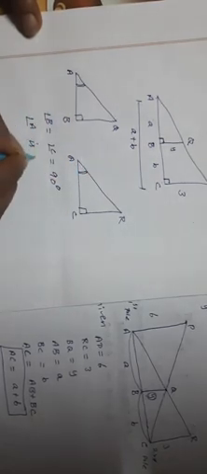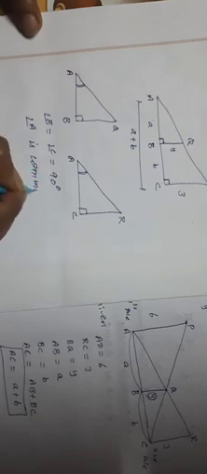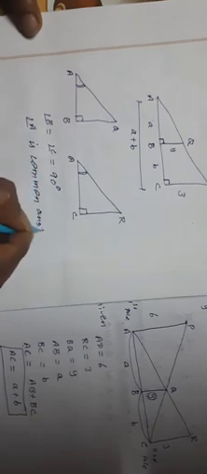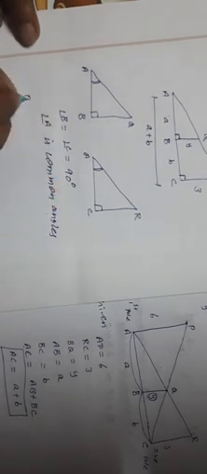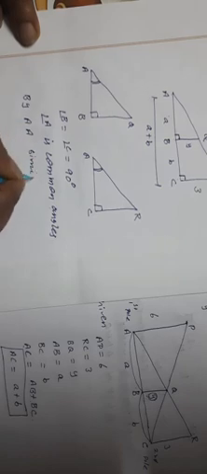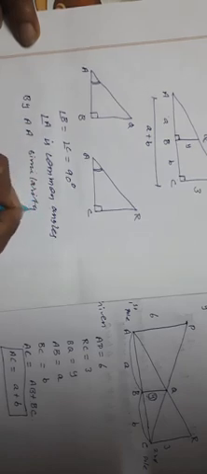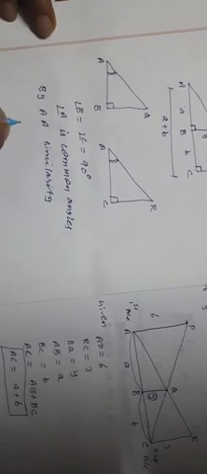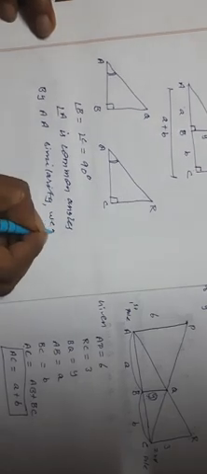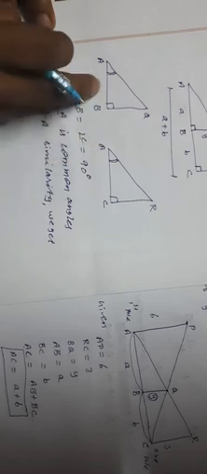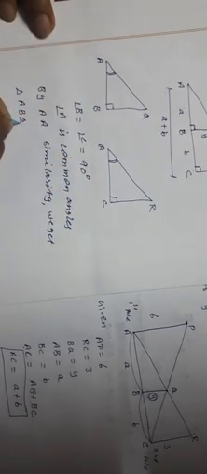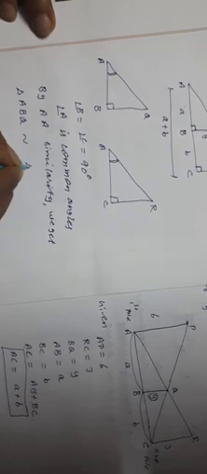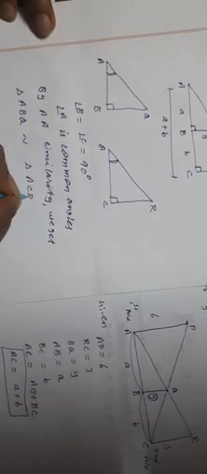So two angles are equal, and by AA similarity we get that the two triangles are similar. So triangle ABQ is similar to triangle ACR.